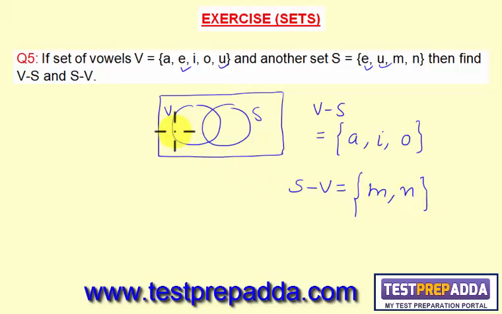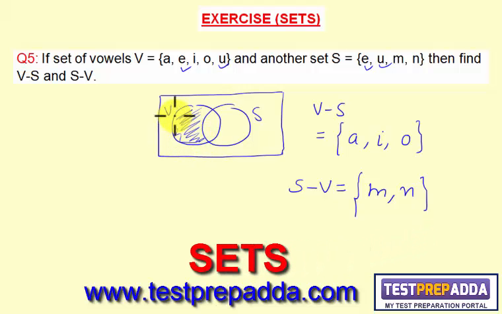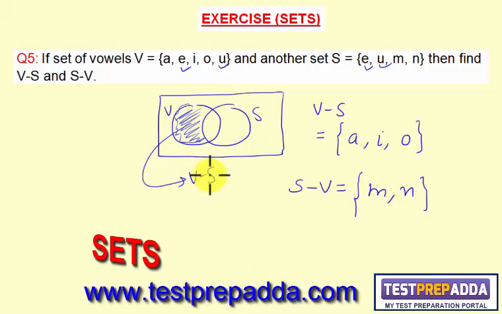Now in the Venn diagram, if I try to show V minus S, it will be this. Now if I try to show you S minus V, it is this.